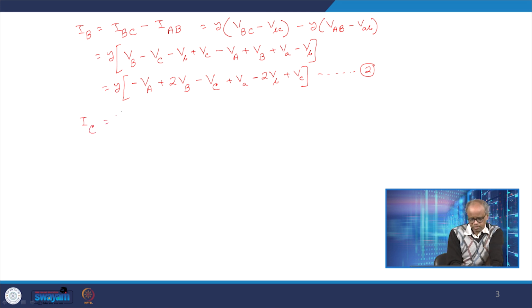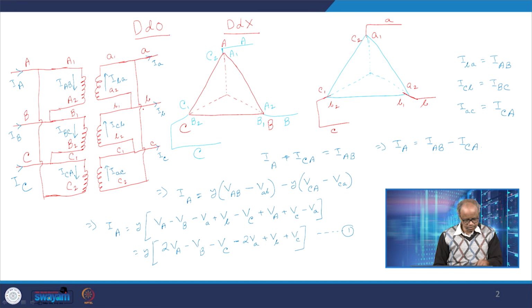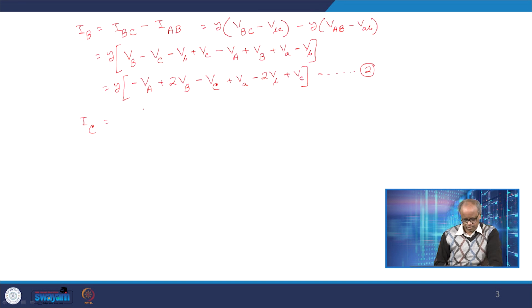I capital C is ICA minus IBC. So this plus this is equal to this. So ICA is Y into V capital CA minus V small ca, minus Y into VBC minus vbc.